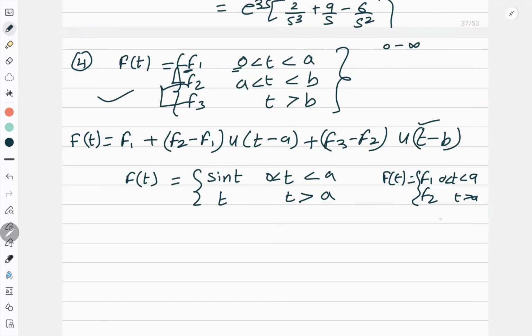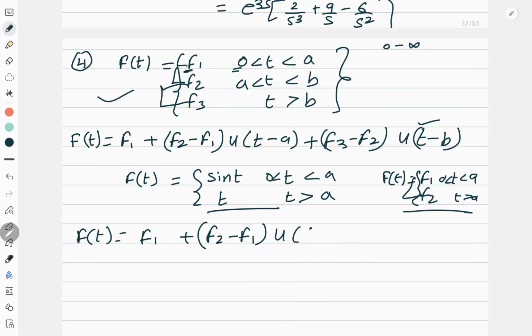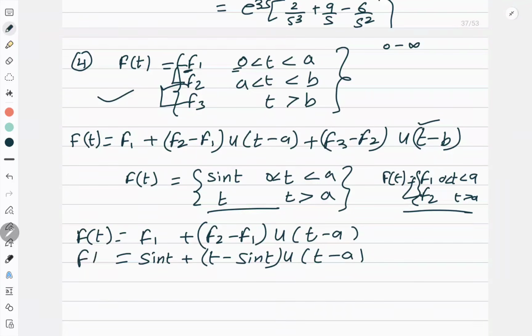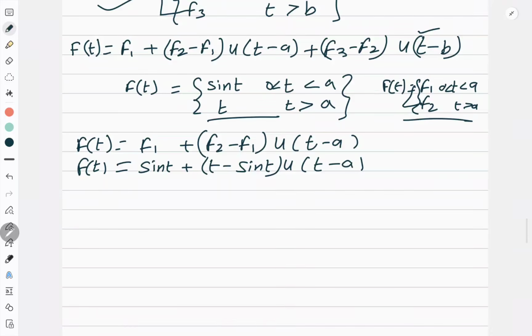So how I can write? First I will show you here, then I will apply to this. So I will write my f(t) is equal to f1 plus f2 minus f1 u of t minus a. So now if this is a question, how I can convert it? sin t plus t minus sin t u of t minus a. So this is how you have to write. Now suppose if your function is like this.